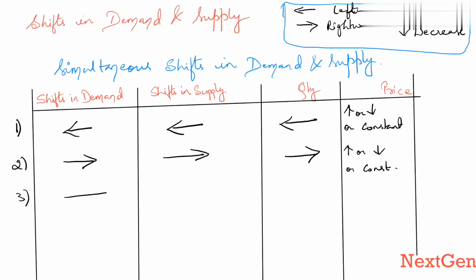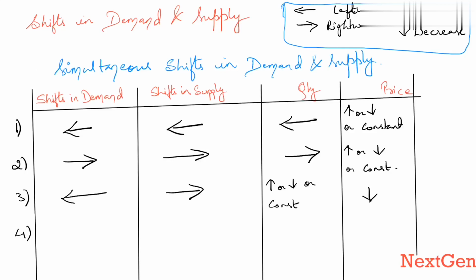Suppose the demand decreases and supply increases, then quantity may increase or decrease or remain constant, whereas the price will decrease.